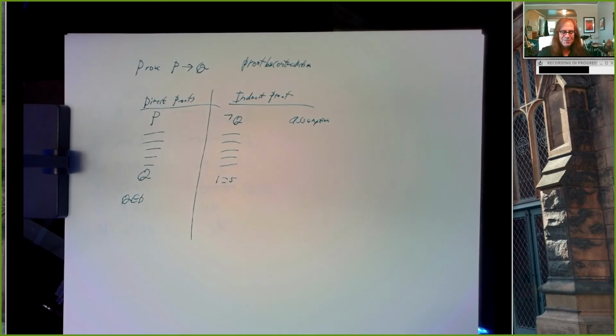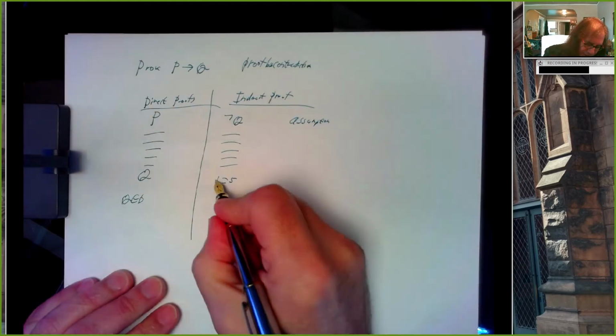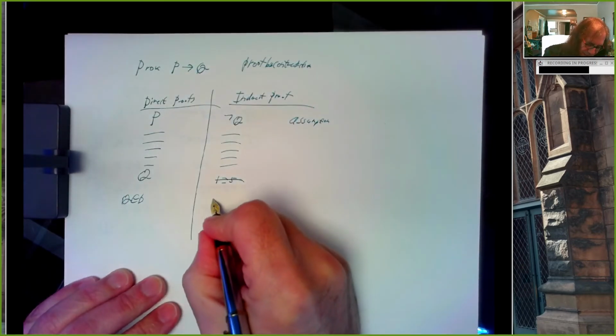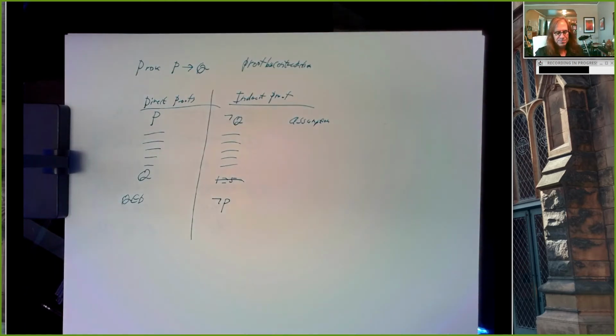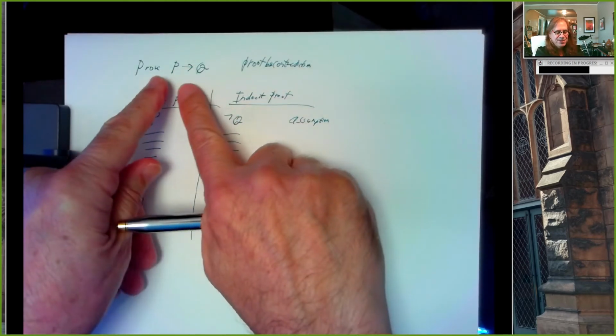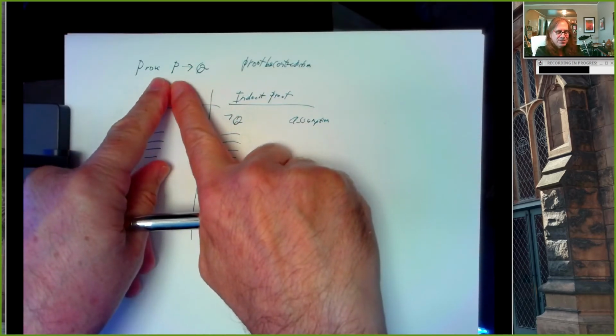But the most common contradiction that we'll end up with in an indirect proof, where we're trying to prove if P then Q, would be to prove not P. Because when we're trying to prove if P then Q, right, the idea is start off assuming P is true.